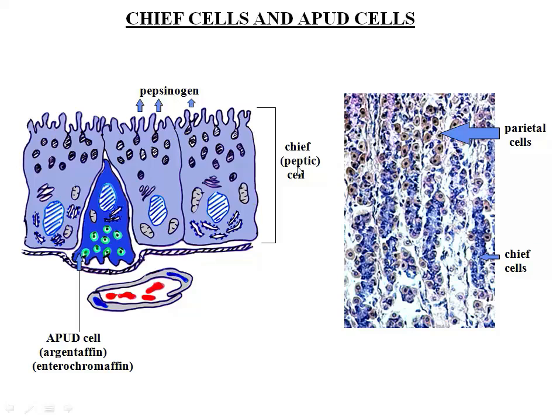Now these chief cells are also called peptic cells. Here, the blue color structure indicates the chief cells, and the gray color structure indicates the parietal cells in this actual photograph.